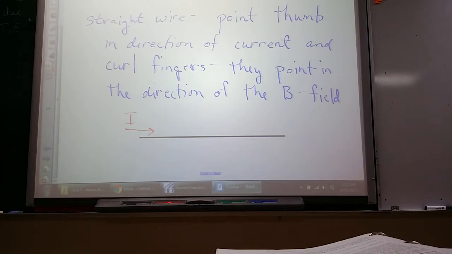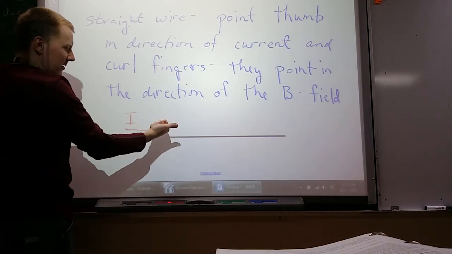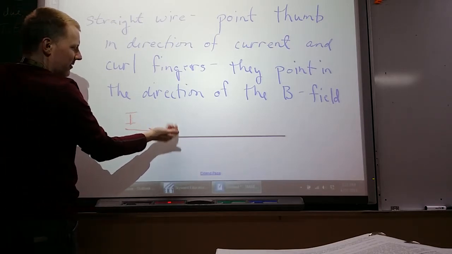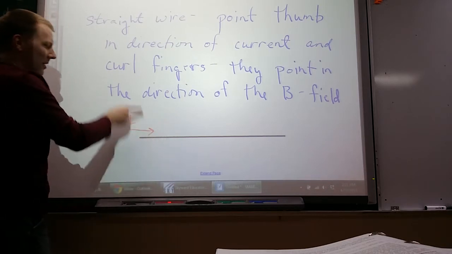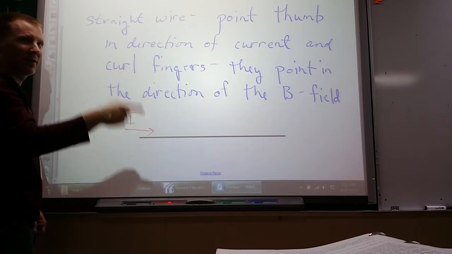Let's say that we have a wire here carrying current to the right. If we put our thumb in that direction, curl our fingers around, that tells us what direction it would go. So it's going this way with the wire in the center.